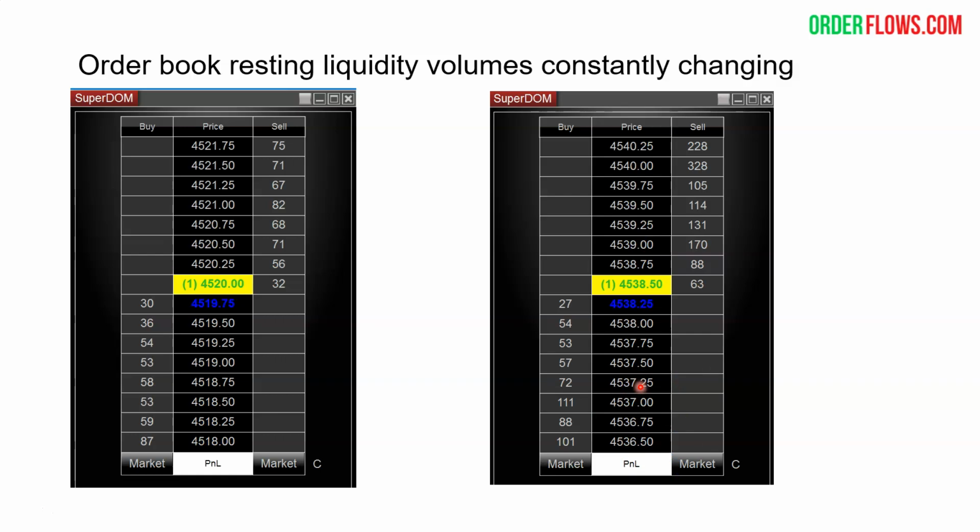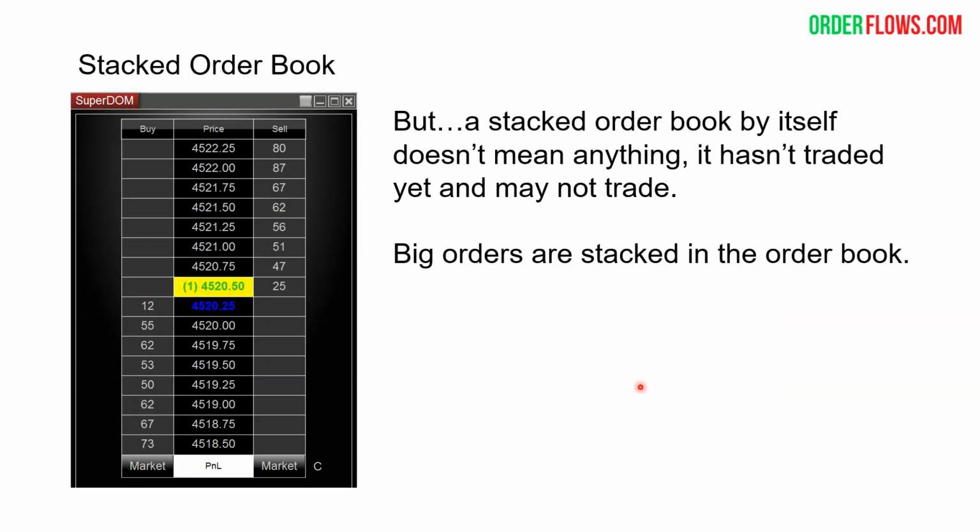Now, the order flow sequencing is basically when you have a stacked order book, meaning subsequent more volume going up in the offer. Remember, I explained how those algos work? So if someone has 1,000 E-minis to sell, it's just not going to put an iceberg order, sell 1,000 E-minis at 45.20.5.